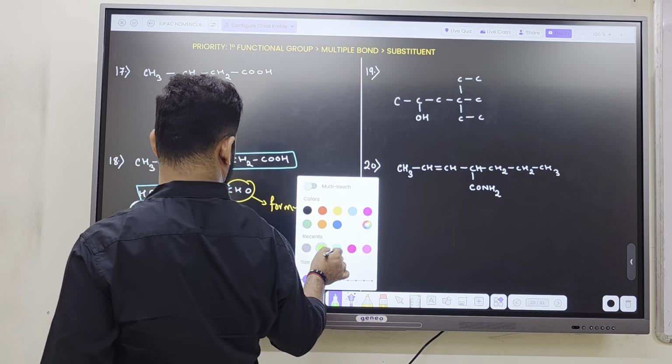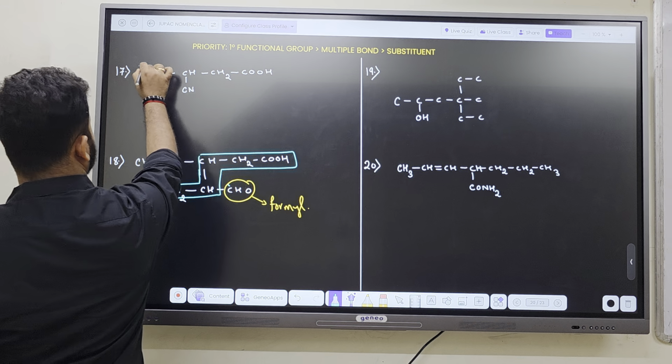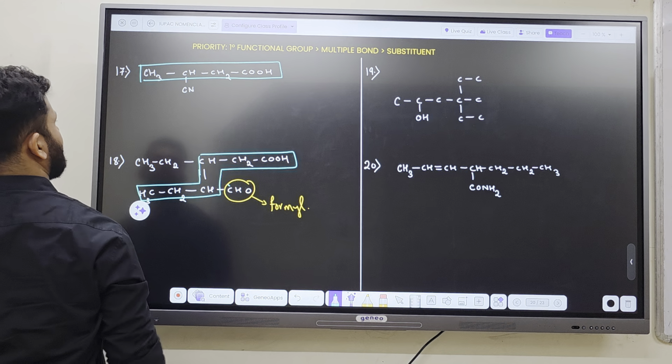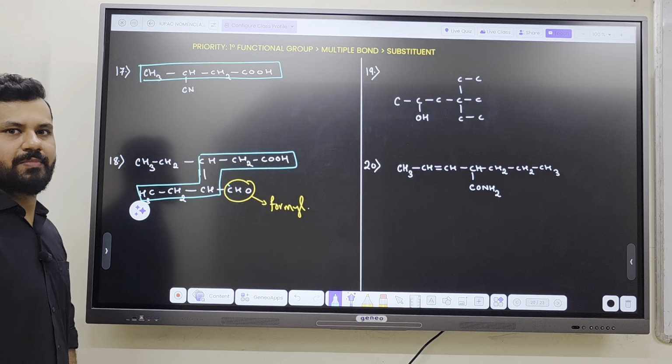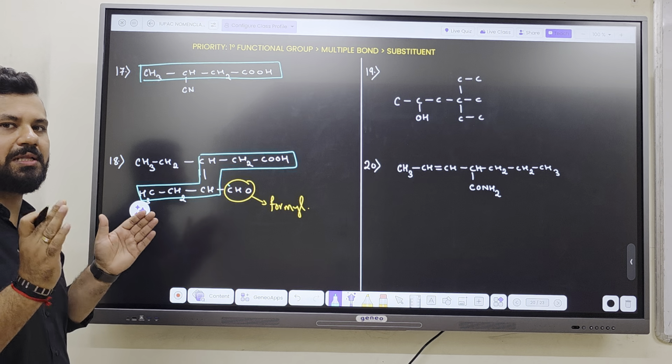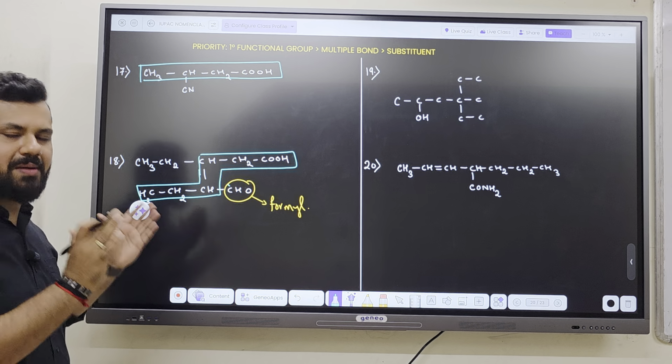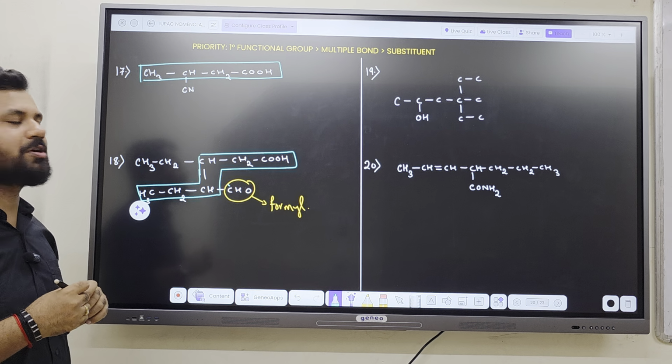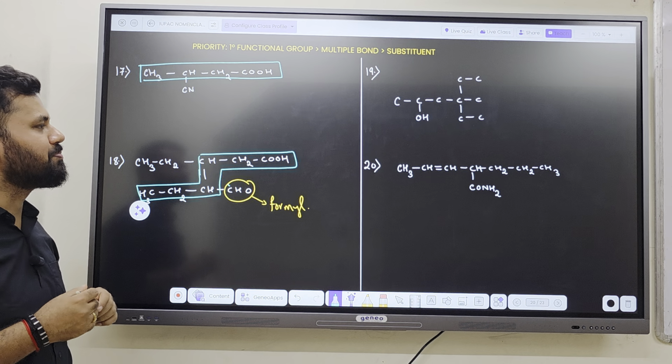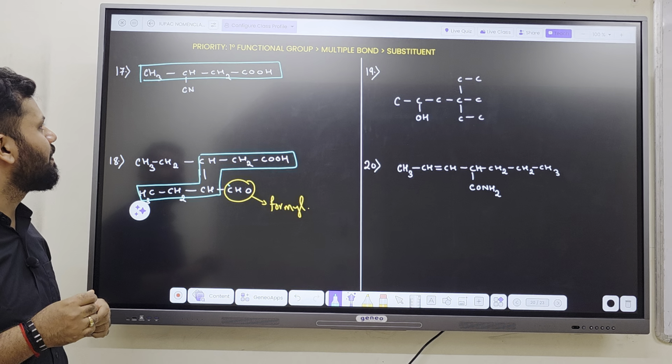Check it. This is very easy. This is the PCC. I told you last time, cyanide is a very egoist fellow. Either cyanide is a primary functional group. If not primary functional group, you leave it outside the PCC. What did I say?